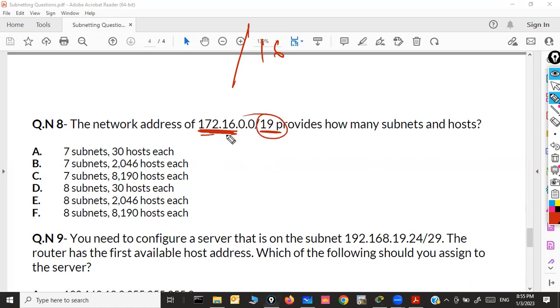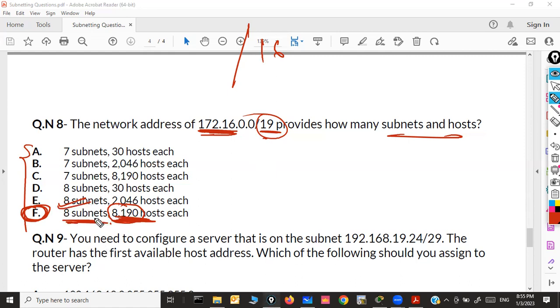So now based on this, just figure out which answer should be correct. The answer is F. Okay, so you said answer F means 8 subnets and 8190 hosts per subnet. So yes, 8 subnets is correct, and for the hosts we need to perform computation to verify that. And why 8 subnets?